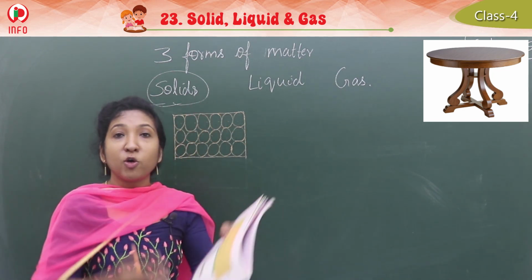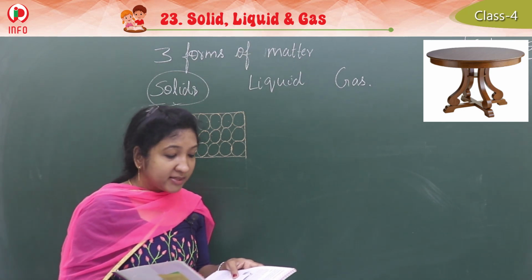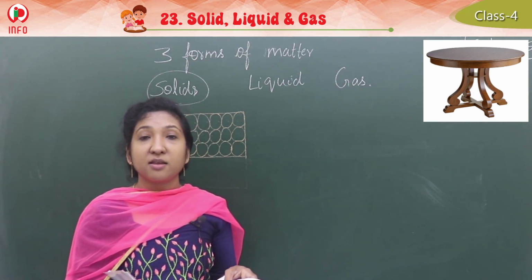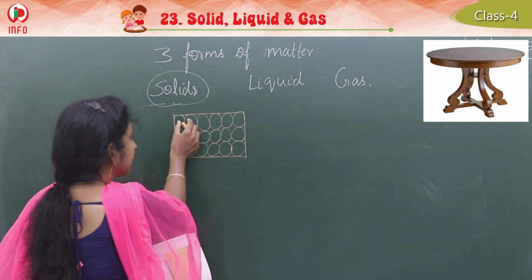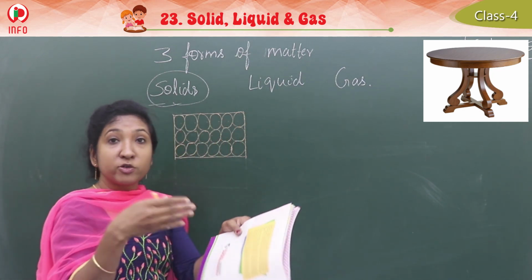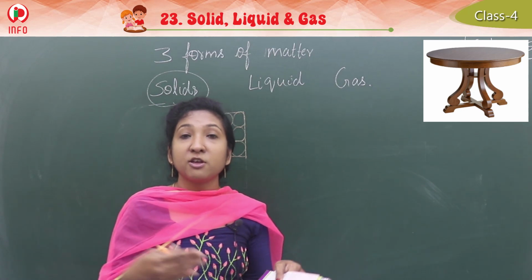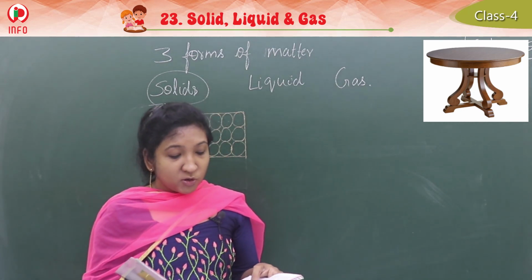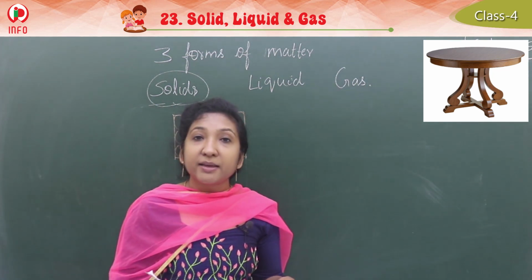They are so closely packed and they have a very strong force of attraction. Each molecule has a force of attraction between them. It is very strong. So they cannot move about freely.